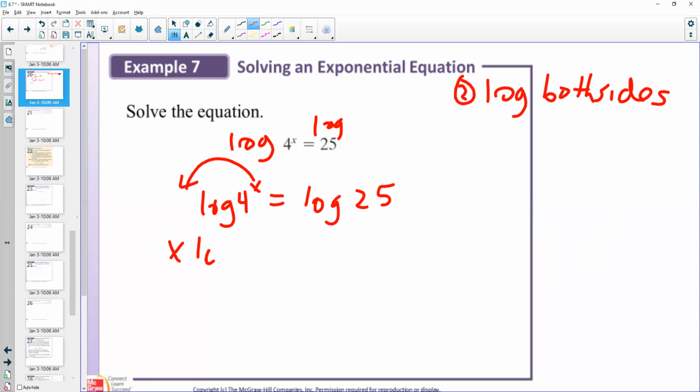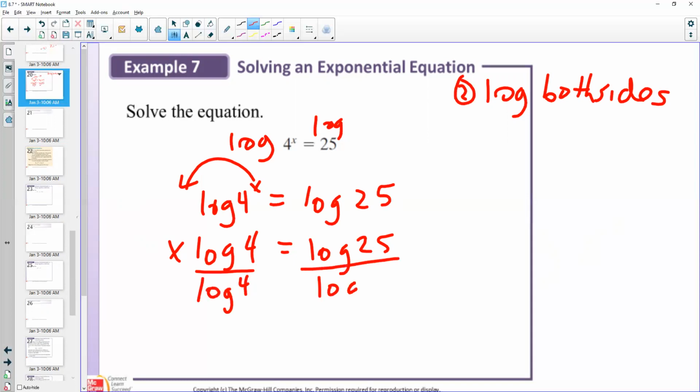So I get x times log of 4 equals log of 25. I'm just using the base of 10, which is fine. Now I can just divide by log of 4. In your calculator, you can do log 25 divided by log of 4. And that's what my answer is. So x in this case is just equal to whatever that division is. It's somewhere in the neighborhood of 2.322.